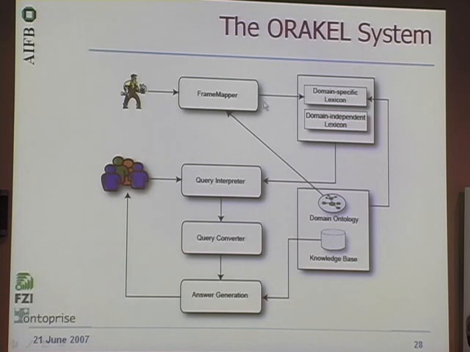What I will discuss later on, one specific design ingredient of the Oracle system, is that we have the lexicon split up in two parts. One is a domain-independent lexicon that you have to develop just once. And then you have these domain-specific extensions that have to be generated for each domain you want to address in the end. I will come back to that issue later on.